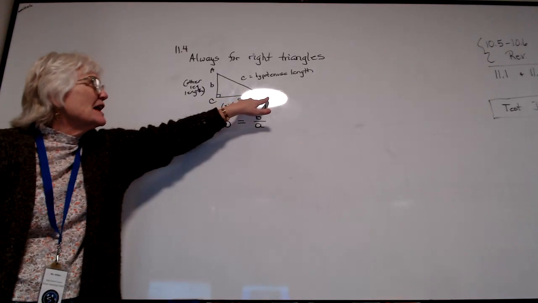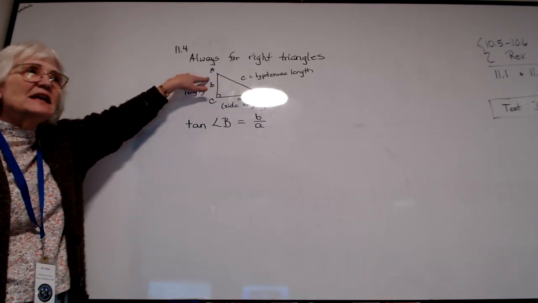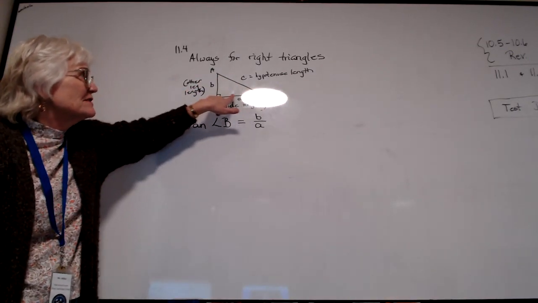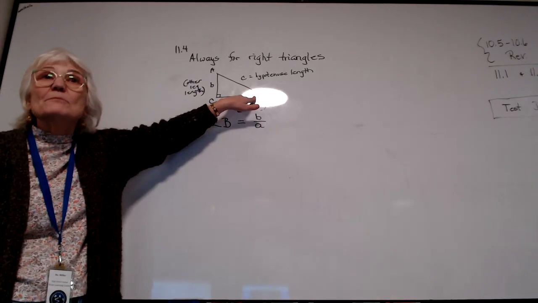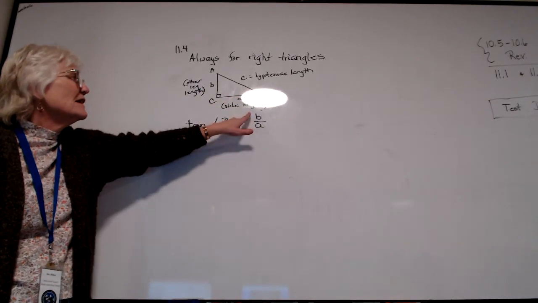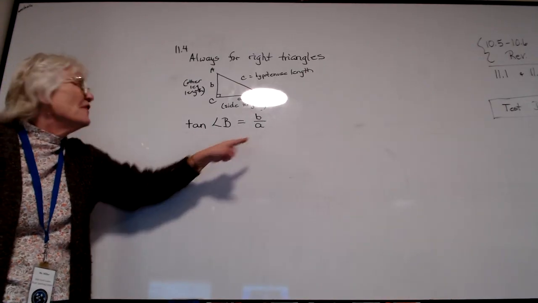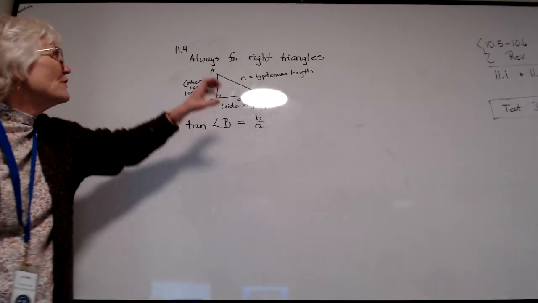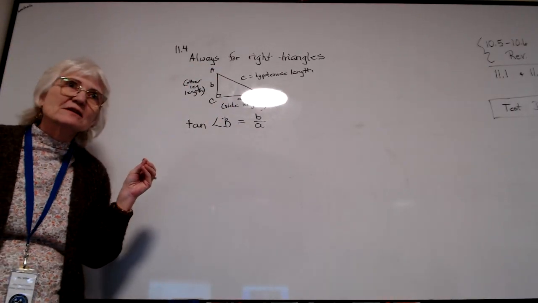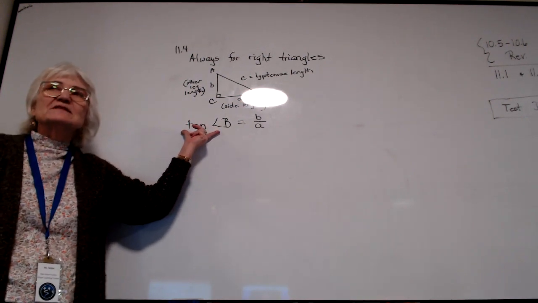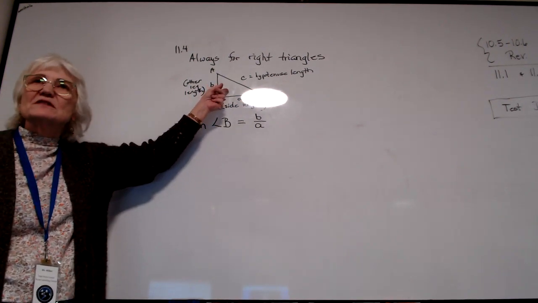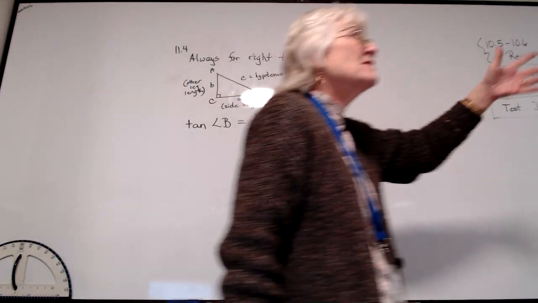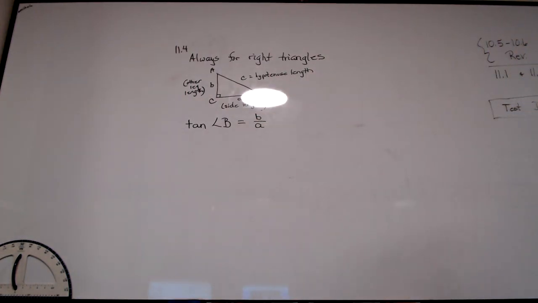If you look at angle B, its opposite leg is over here. Its adjacent leg, not the hypotenuse, is this leg, the leg that makes up part of angle B. That's B over A. This tangent number will always be the same, because triangles are similar, so this ratio is the same for all similar triangles that have the same measure of angles. If they're similar right triangles, the tangent number will be the same for all of them.